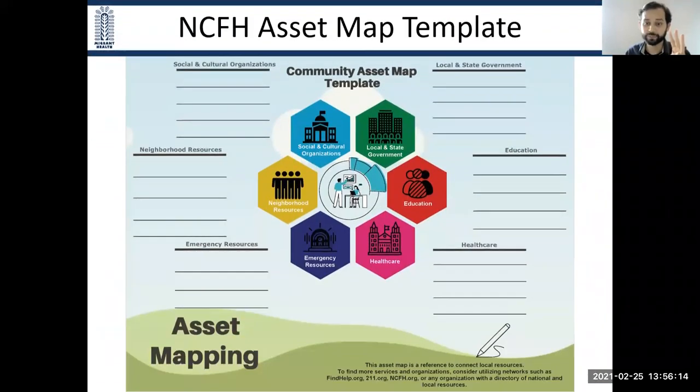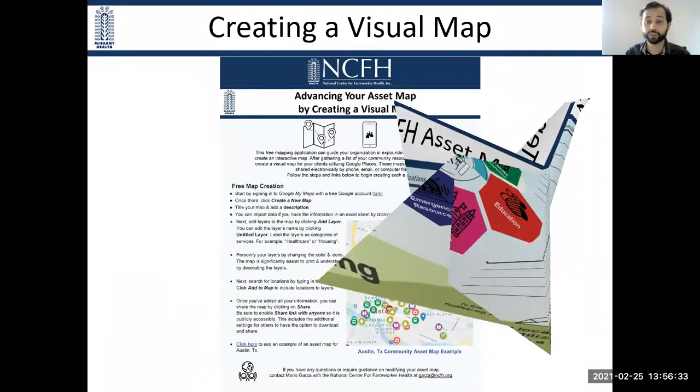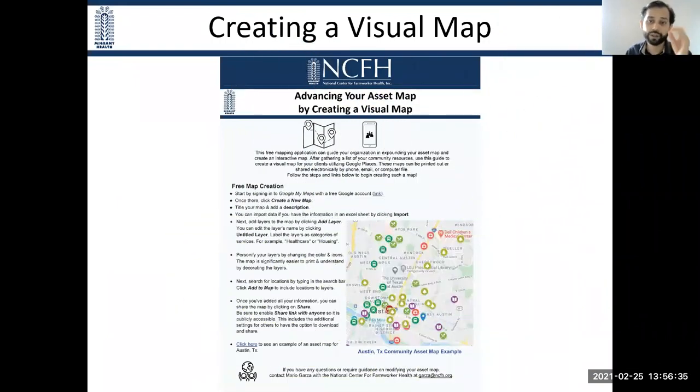We made it so it can be low literacy, so if you print this out or share it in any other digital format, the resident can at least look at the important information that they need, like contact information and name, and they're good to go, and they can start utilizing it themselves. And lastly, it has the steps to creating a visual map through Google My Places.